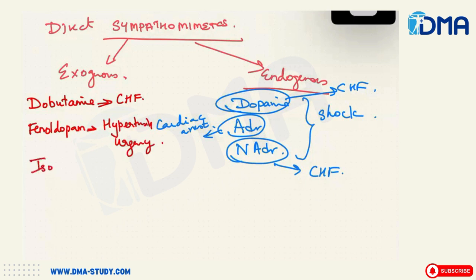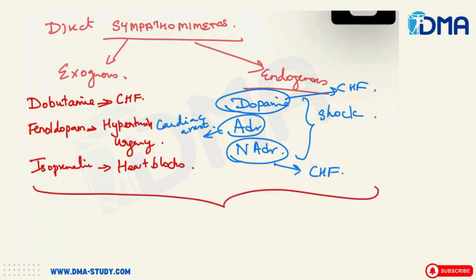Isoprenaline. Isoprenaline is mainly used in heart blocks. Right? This is what is regarding the directly acting sympathomimetics, and all these things are called catecholamines.